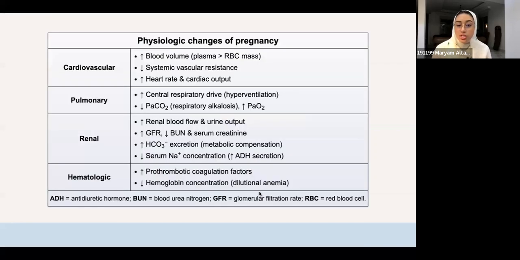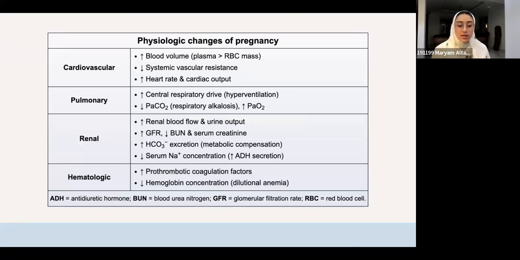For the physiologic changes in pregnancy, I know there's a lot of them, but these are the key things you guys should know. So you have an increase in your blood volume, but your plasma is more than your red blood cells, so you get a dilutional anemia. You get increased heart rate, increased cardiac output.